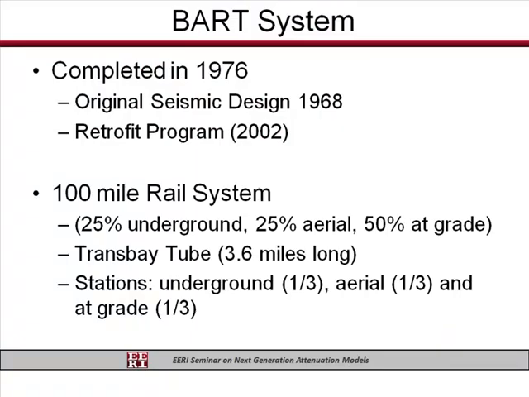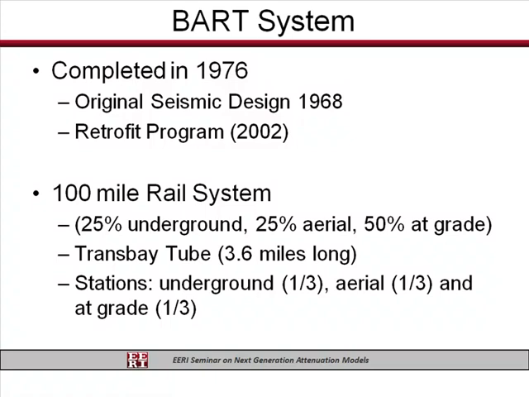So for those of you that haven't been down to the San Francisco Bay Area and may not be aware of what BART is, it's our public transportation system that runs throughout most of the Bay Area. It was completed back in 1976, and the original seismic design was developed in 1968. Since that time, there have been additional studies and some extension work, with some new lines added.